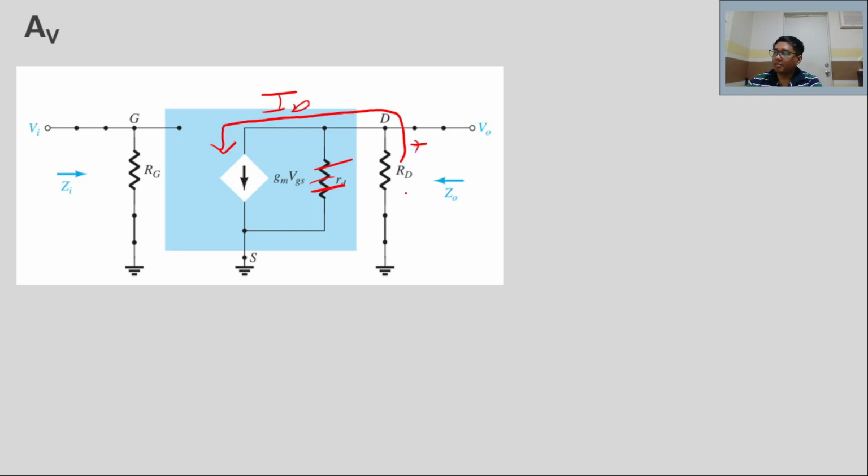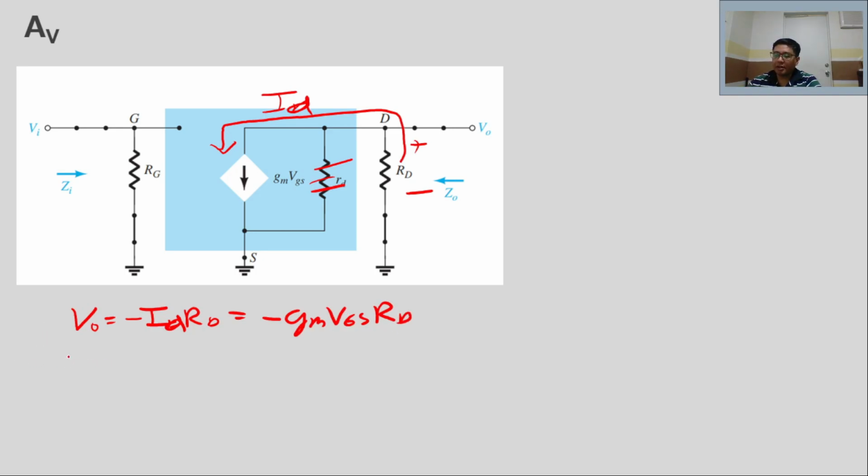You have plus, minus. Therefore, the output voltage V out, or VO, is equal to negative ID times RD. But this ID here is equal to negative GM times VGS times RD.